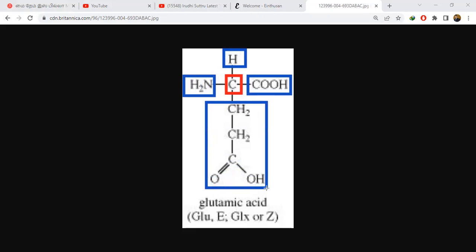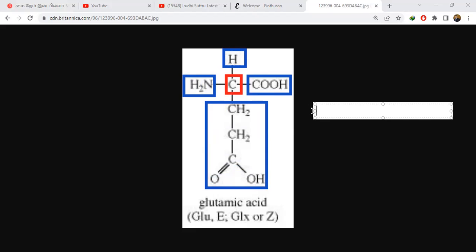Are the 4 components surrounding the carbon different from each other? Yes. If so, that carbon is called an asymmetric carbon. If at least 2 are the same, then it is a symmetric carbon.